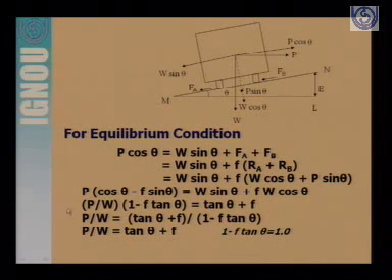If we are dividing the whole by W cos theta, then we are left with on the left side this thing. On the right side, we are left with the tan theta, because here W sin theta is divided by W cos theta. W cancelled, sin theta by cos theta. We are left with tan theta plus F. W cos theta is divided by the W cos theta.